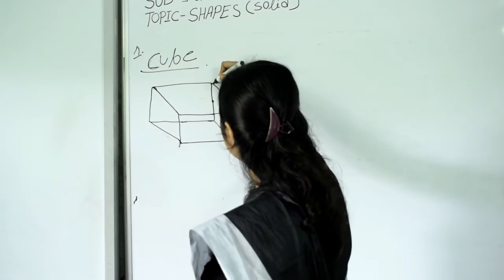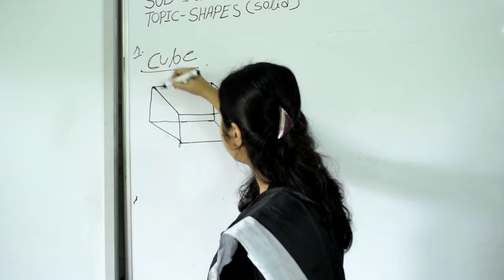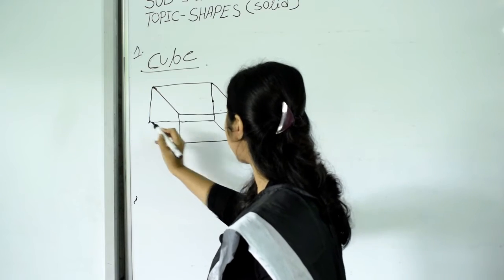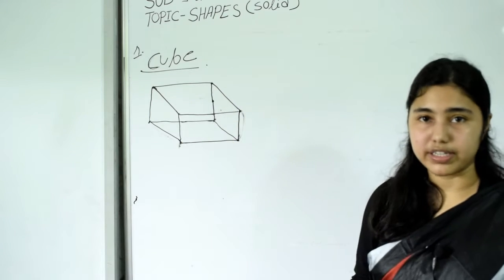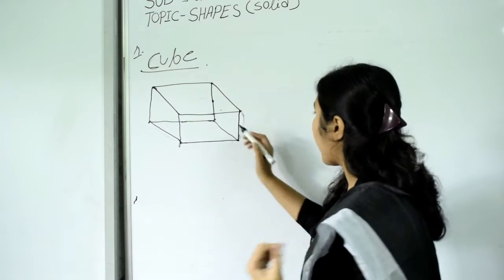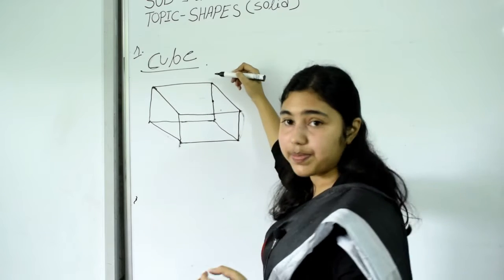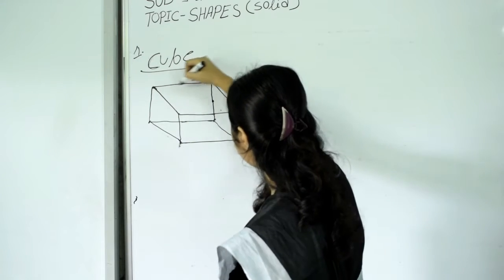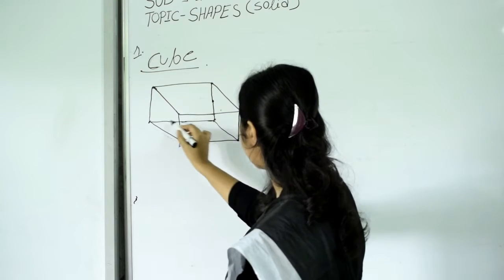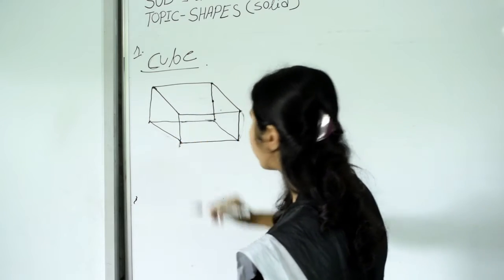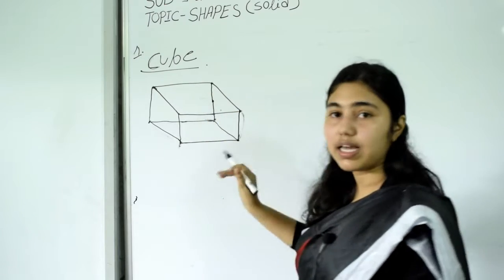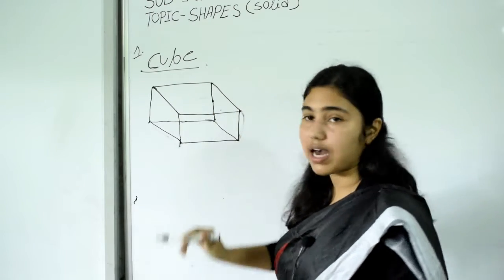Okay. Now it has 1, 2, 3, 4, 5, 6, 7, 8 vertices. Vertices is the plural form of vertex. And 12 edges. Edges means sides. 1, 2, 3, 4, 5, 6, 7, 8, 9, 10, 11, 12. Okay. Now the lengths of all these sides are equal.